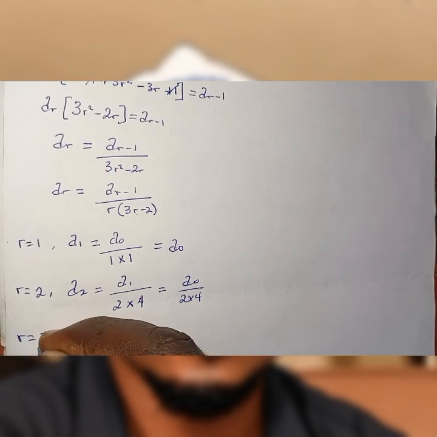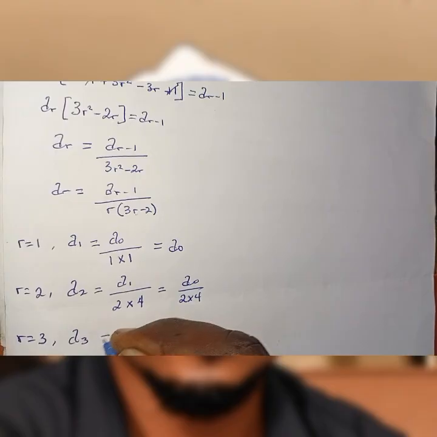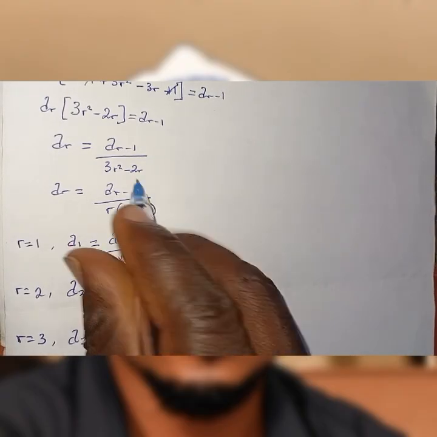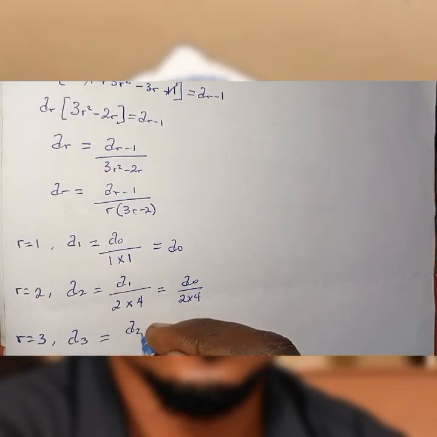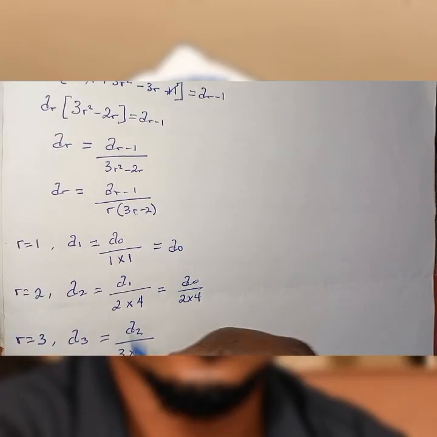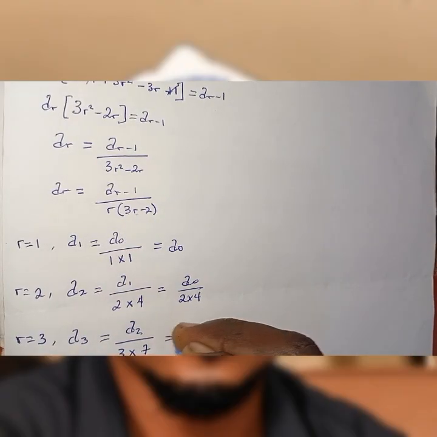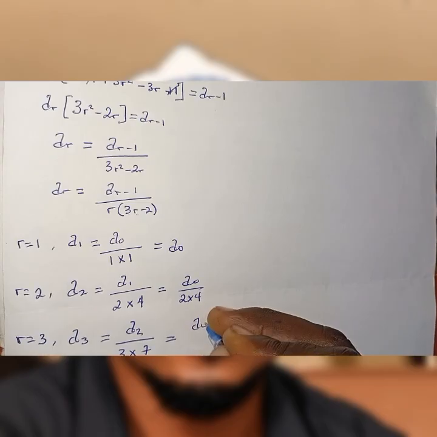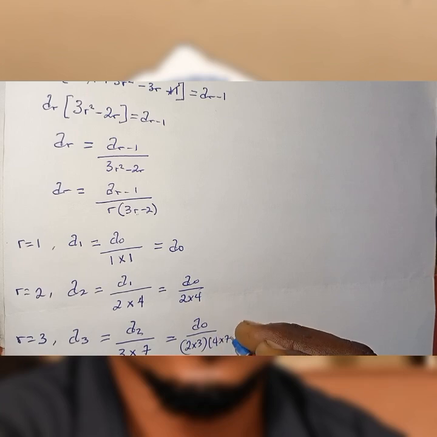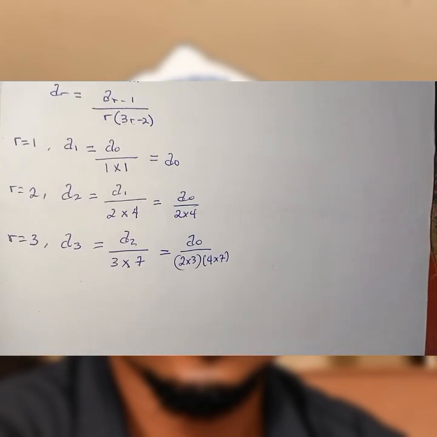When r equals 3, this gives us a3 equals, if I put 3 here, I have 3 minus 1, so you have a2 over 3 times 9 minus 2, so you have 7. Then when you convert it, you have a naught over 2 times 3, 4 times 7. I hope you understand that.